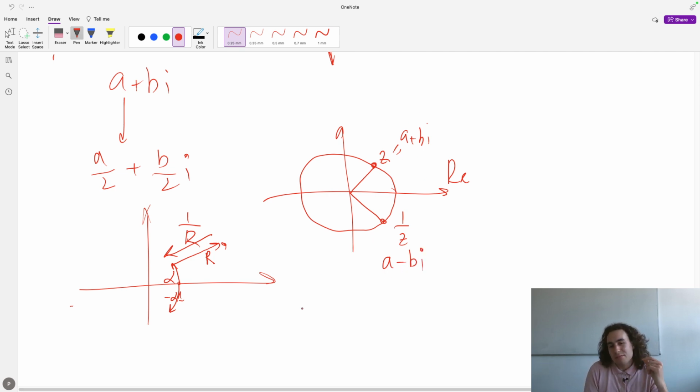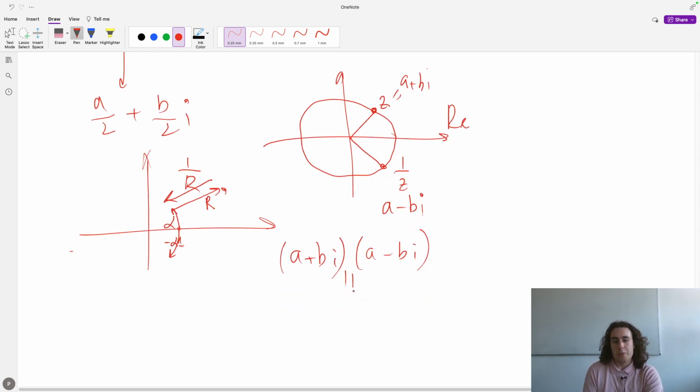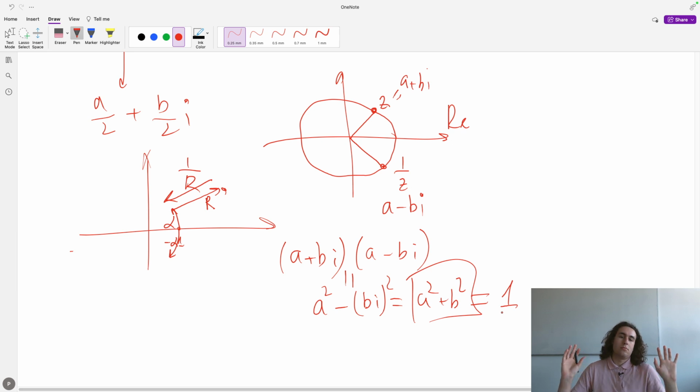And then you can do it also algebraically. I do a plus bi times a minus bi. This is a formula for a difference of squares. So it's a squared minus bi squared, which is a squared plus b squared. And because these numbers live in a unit circle, this is 1.